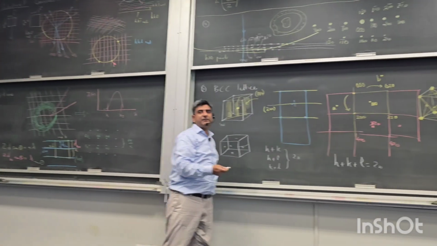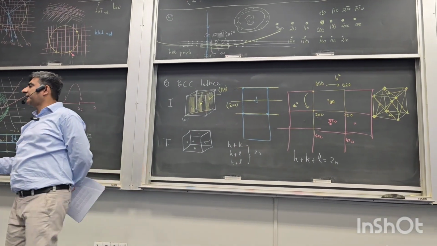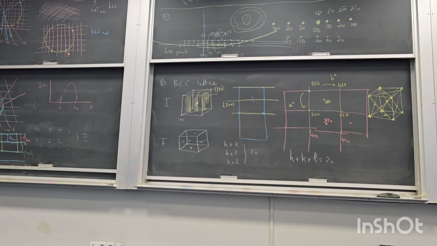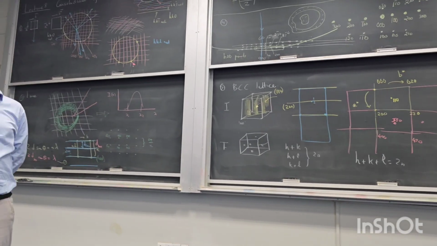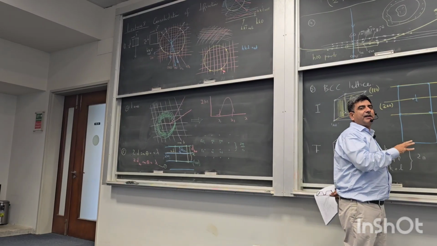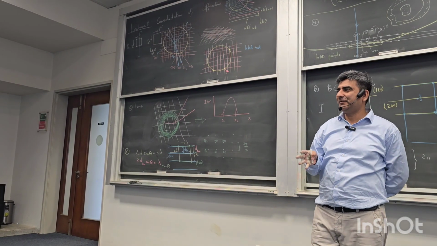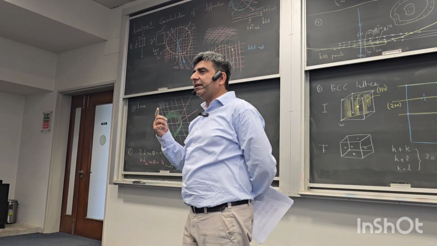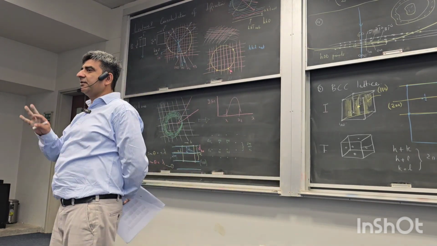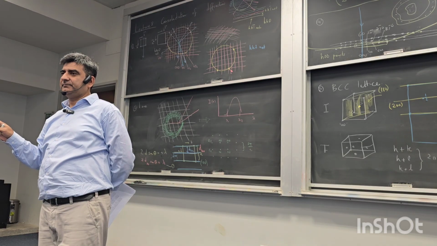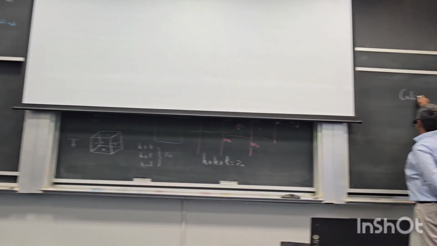Each one of them is even, which is another way of saying that all of the indices can be even or all of them can be odd. So by looking at, when you index your peaks, you can tell, if it's a cubic system by the way, which is only one of the 7 crystal systems, whether it's body centered or face centered.